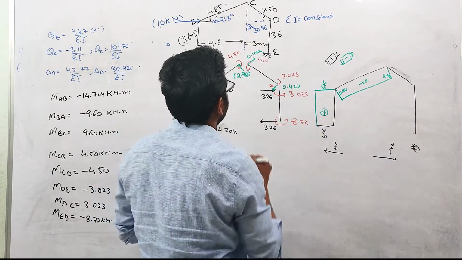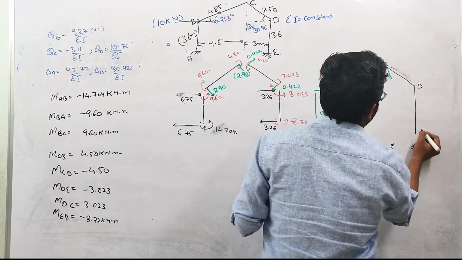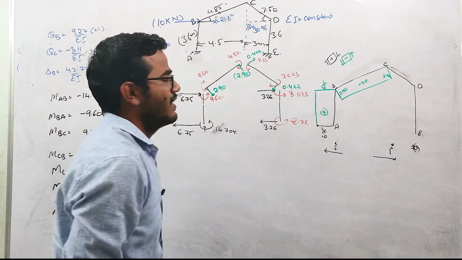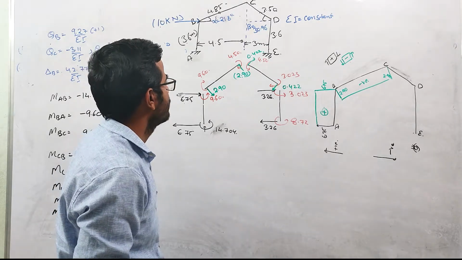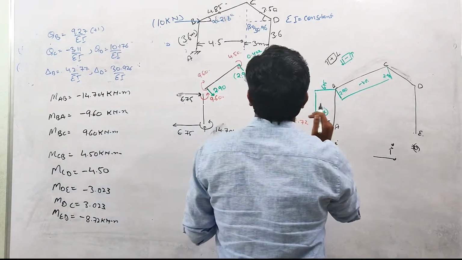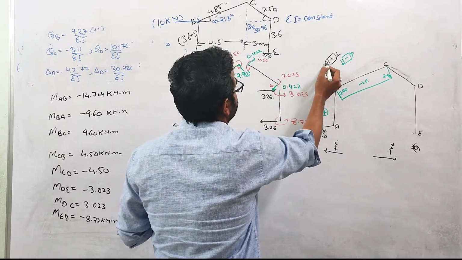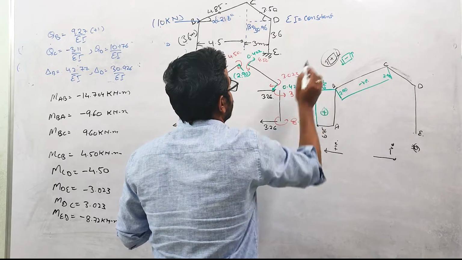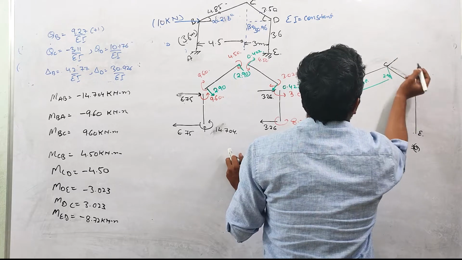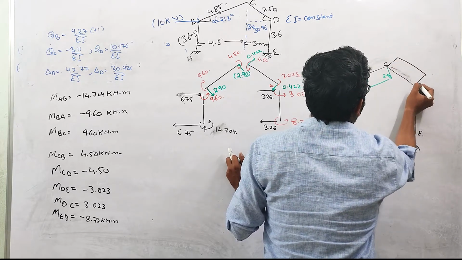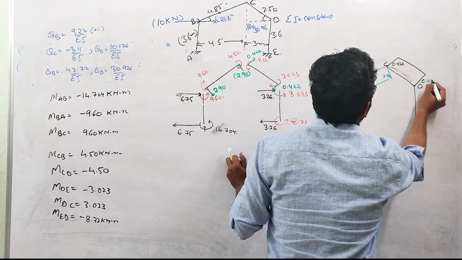Now for this CD member, this is A, this is B, this is C, this is D, this is E. The direction assumption we have already discussed in previous problems. So for this CD member, it is represented by this equivalent diagram. It will start from above the axis. This is 0.422, again 0.422.